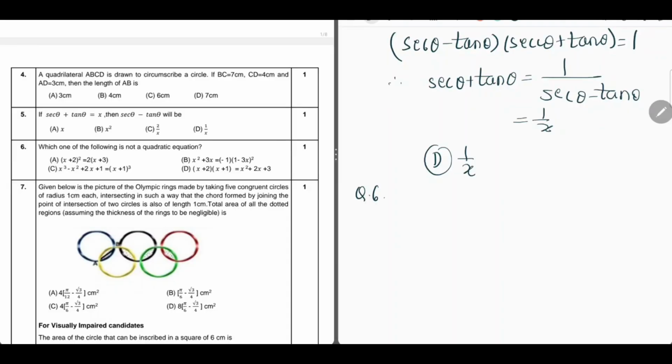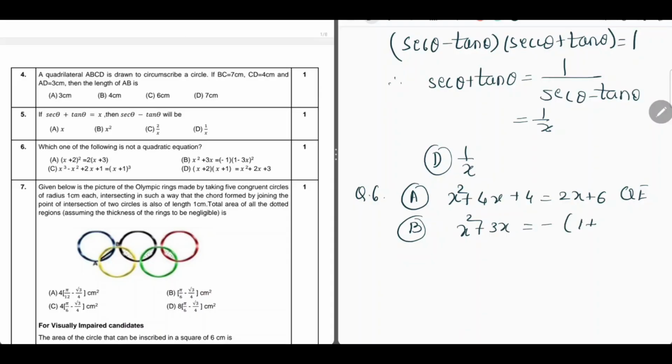Now here, if I see option A, the left hand side, if I expand, is x square plus 4x plus 4 and the right hand side is 2x plus 6. So it is a quadratic equation. Then B, x square plus 3x minus of (1 minus 3x) whole square. So 1 minus 6x plus 9x square, which implies 9x square plus x square minus 3x plus 1 equals to 0.